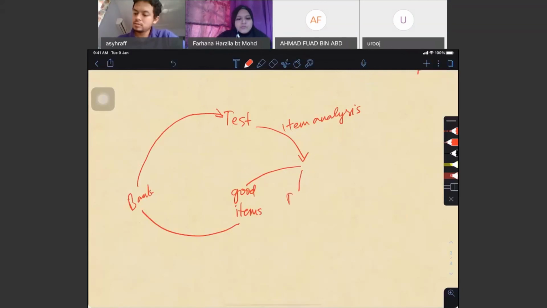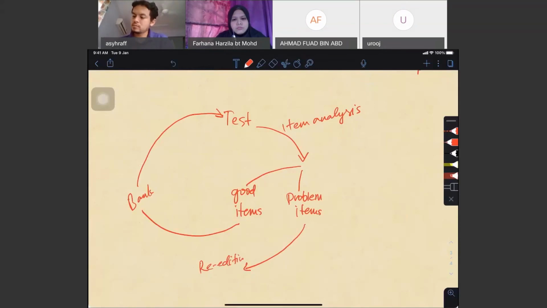The items with problems will go for editing.